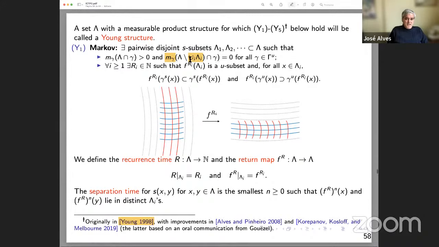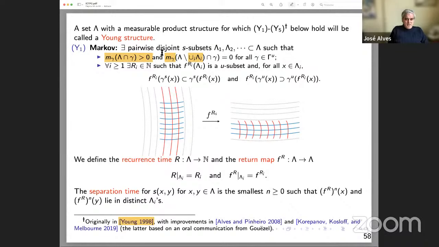And so this says that when you consider the union of all S subsets and you intersect with any unstable disk, this gives essentially all the points in lambda. And also, an important point is that the measure of lambda intersecting gamma is positive. So this is another important property.